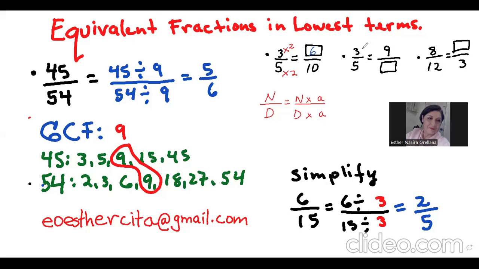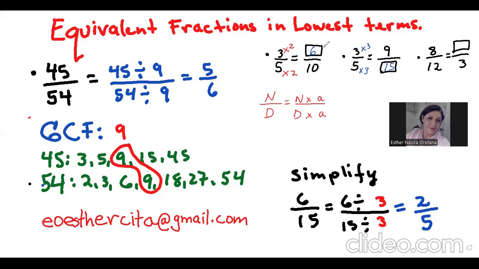That means that the numerator was multiplied times 3. So if that was done in the numerator, I must do that in the denominator. 3 times 3, 9. 5 times 3, 15. So 3/5 and 9/15 are equivalent.